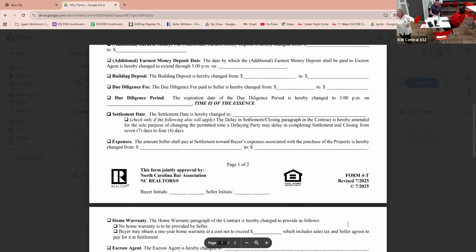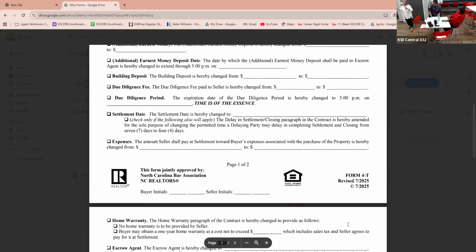I want to go back to the due diligence fee. We had a situation this week where closing was, I think, today. The sellers, one was in Minnesota, one was in New Hampshire, something like that.